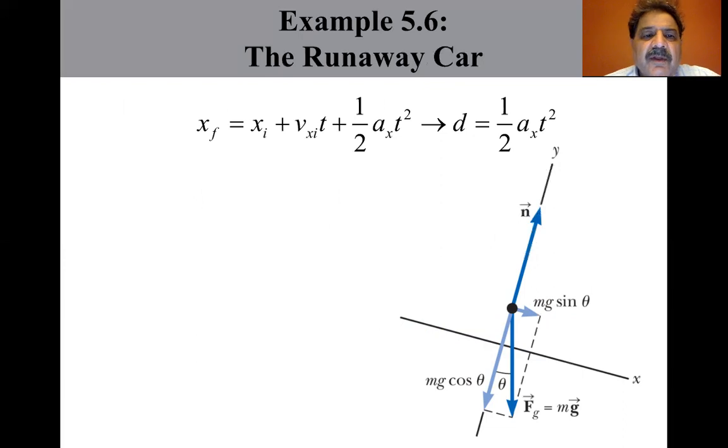It should be familiar to you. x final equals x initial plus v_xi t plus 1/2 a t squared. Since x_i is the initial position, we can look at it as the origin, it's 0, and v_xi, the initial velocity, is 0. It reduces to d, the distance x final, equals 1/2 a_x t squared.